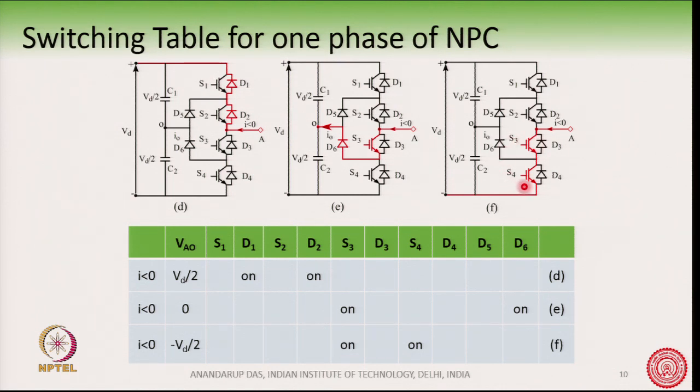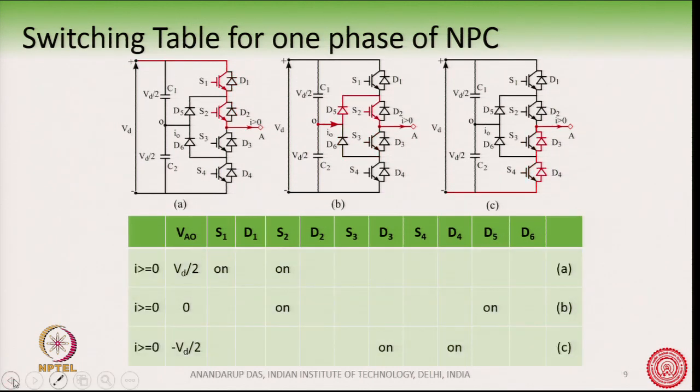We will turn on S3 and S4, or give pulses to S3 and S4. If the direction of current is negative, then these two transistors will be conducting, whereas if the current is in the positive direction, then the two diodes will be conducting.